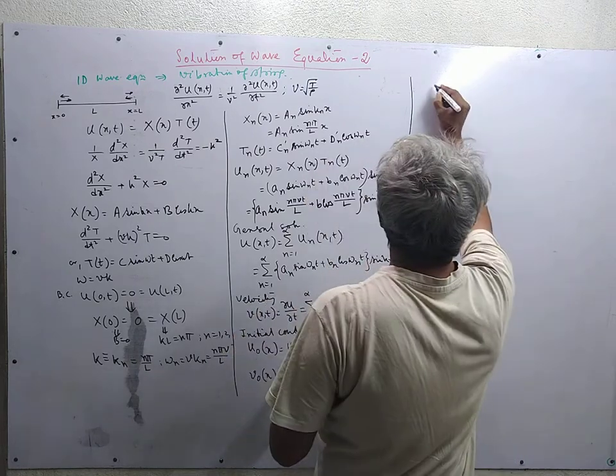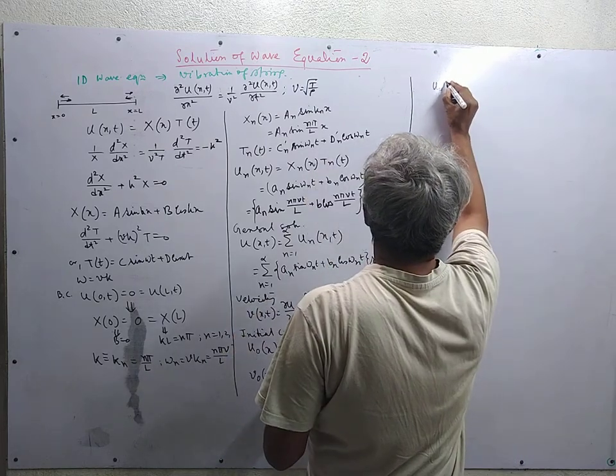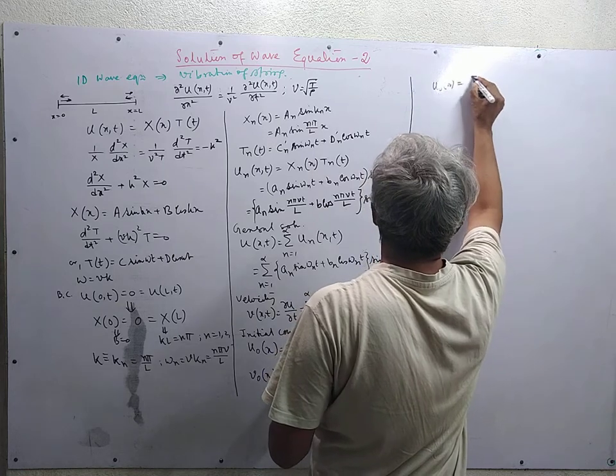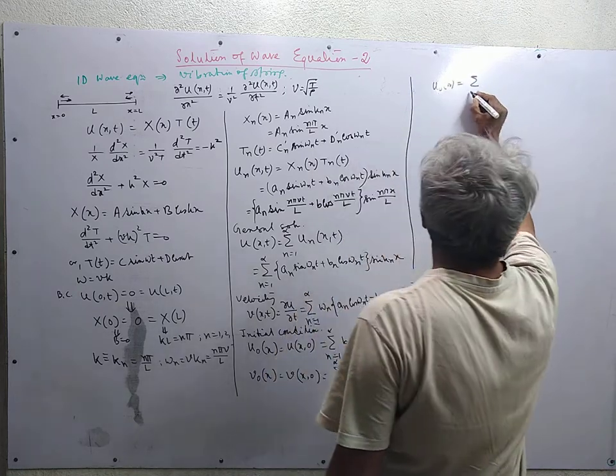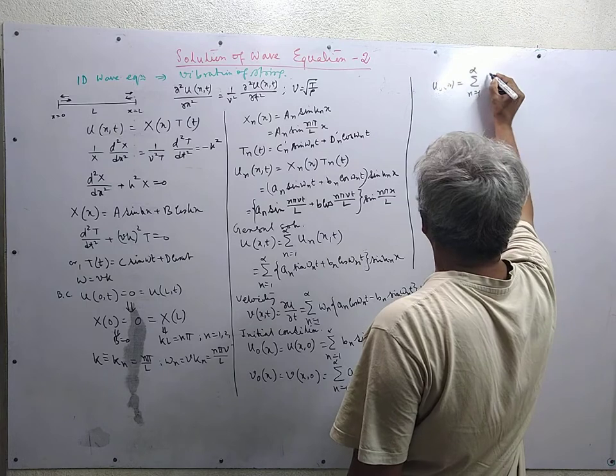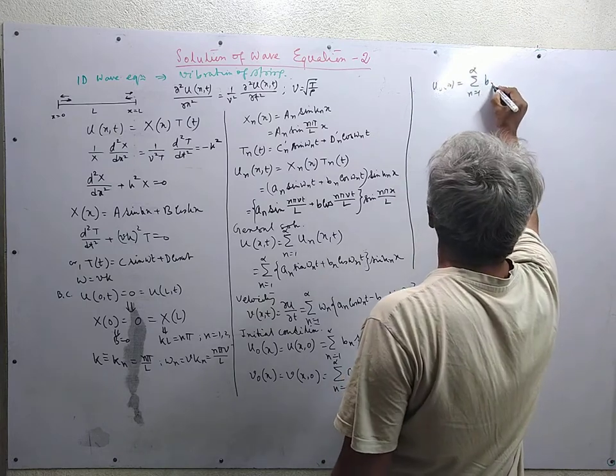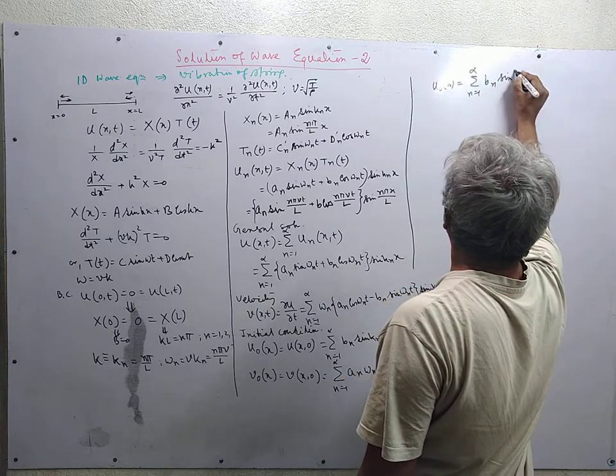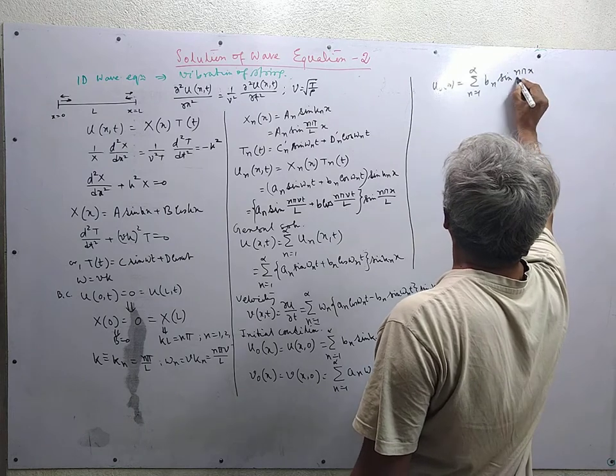You know that u0 of x is equal to summation over n equal to 1 to infinity bn sine of n pi x by l.